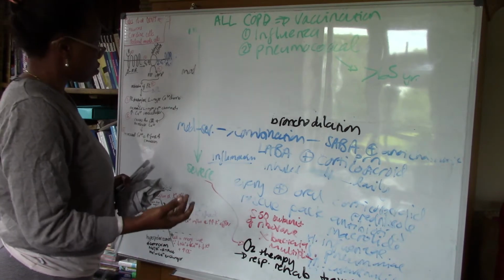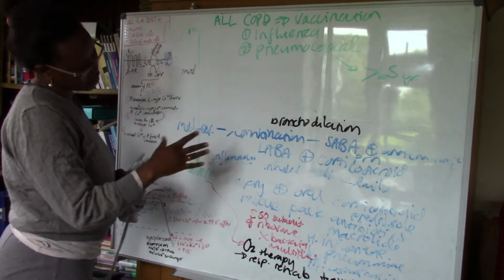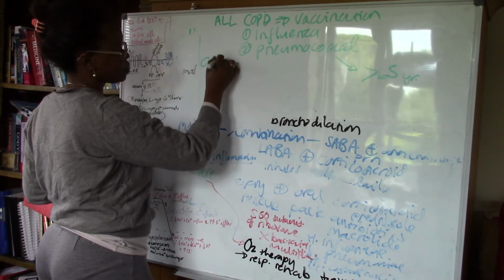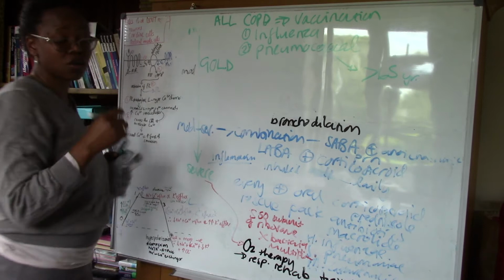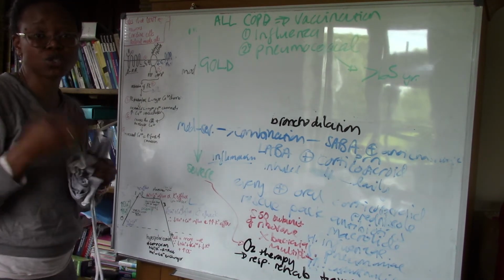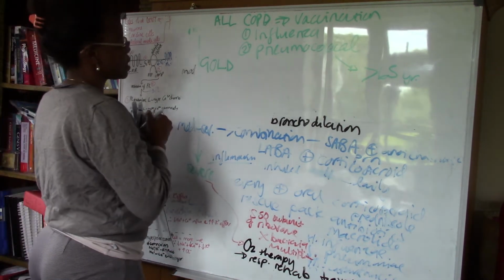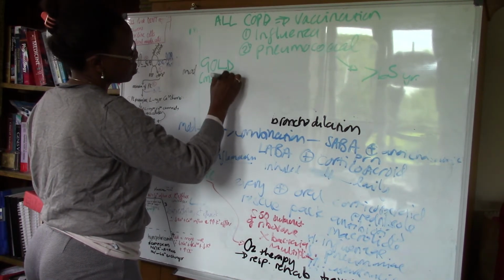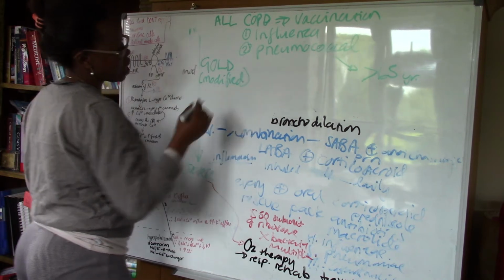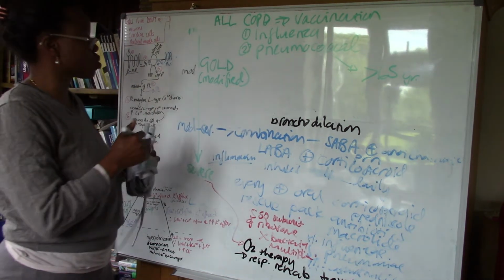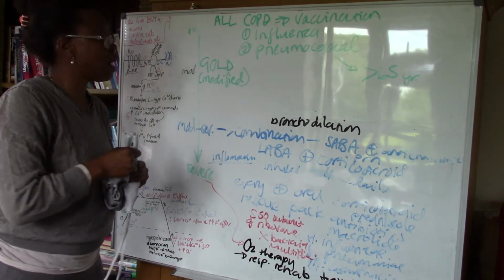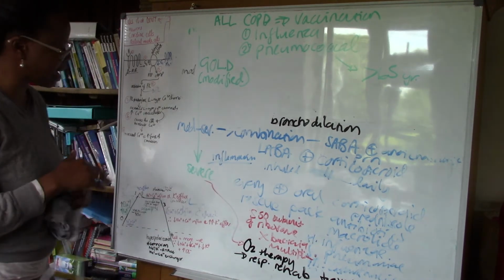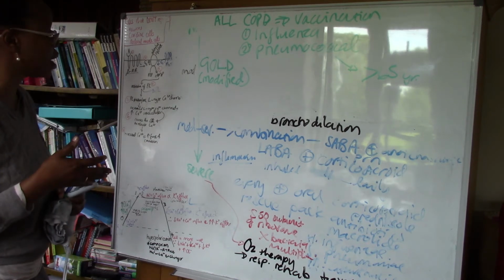In terms of deciding the treatment, it's based on the GOLD assessment, which I talked about yesterday. In fact, it's the modified one that is used to guide treatment based on how high risk a patient is and the number of exacerbations they get annually.